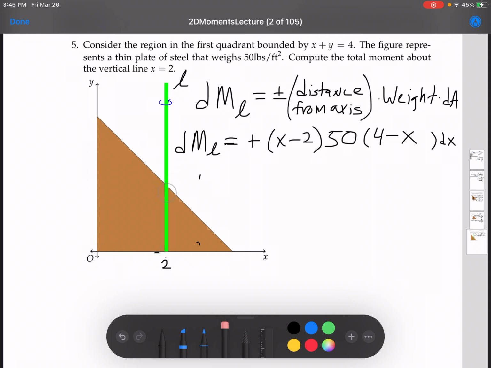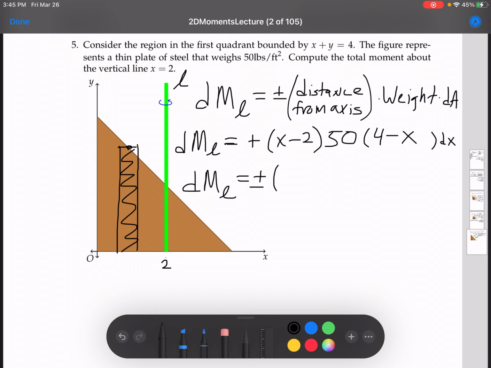Now let's see what happens when we draw a rectangle over here. Now dML will have plus or minus some distance from the axis. 50 dA is going to be the same. The weight's the same. dA will be the same, so we'll have 4 minus x dx.